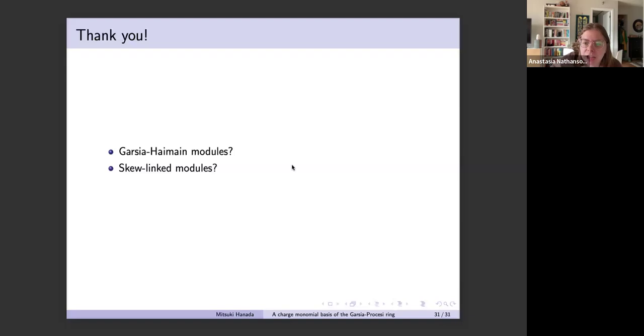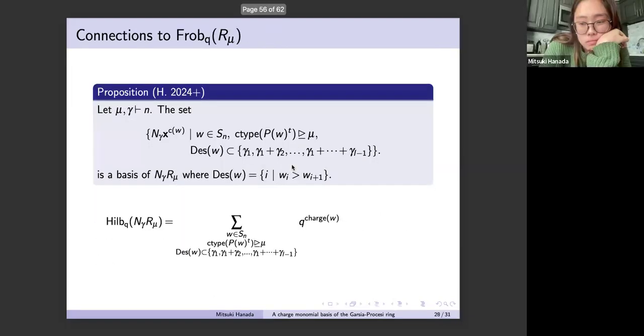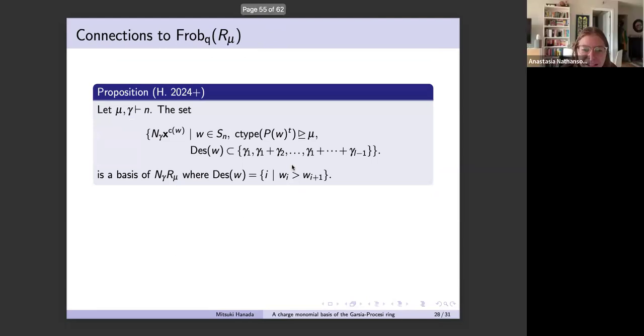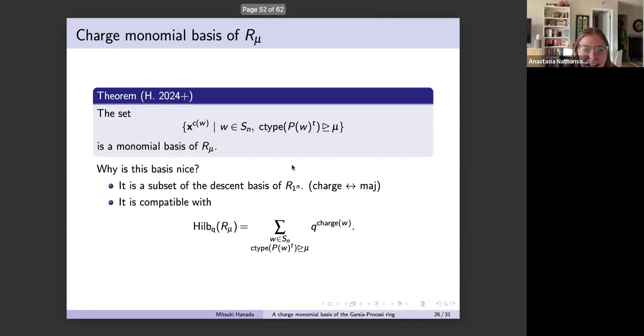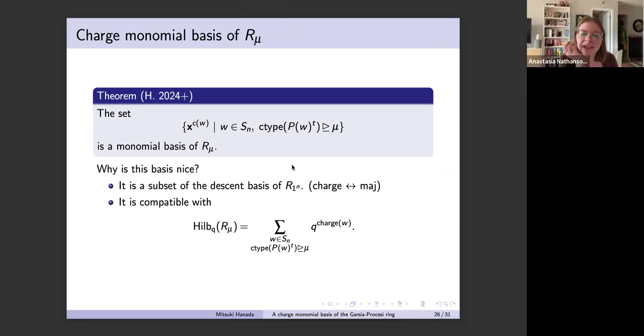Could you go back to the page that shows why monomials are nice? Oh, I can, yeah. Why is it nice? Okay, yes, perfect. Those are nice qualities to have. I was just sitting here thinking, wait, I forget. This is very nice, but I can't remember why.